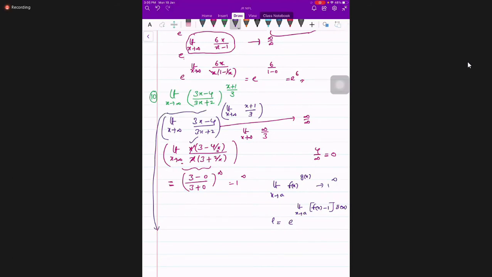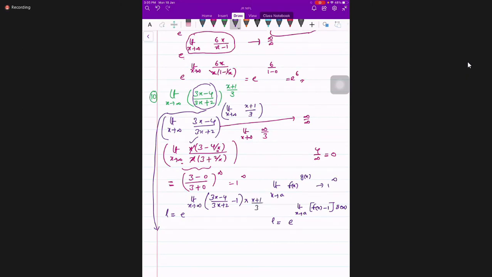That approach, you tell me now for this function. What is the L value? So L equal to e power limit x tends to infinity of f of x minus 1 into g of x. What is f of x? 3x plus 4 divided by 3x plus 2, minus 1, into x by 3.